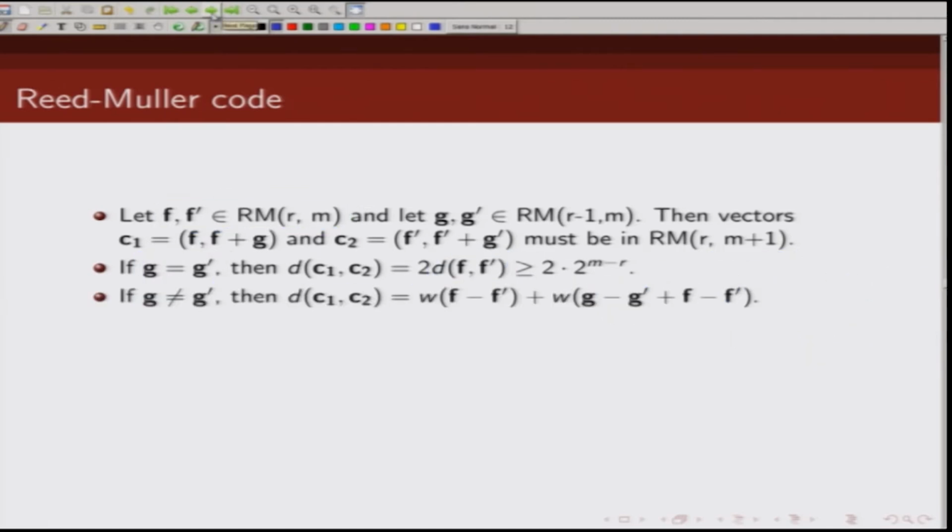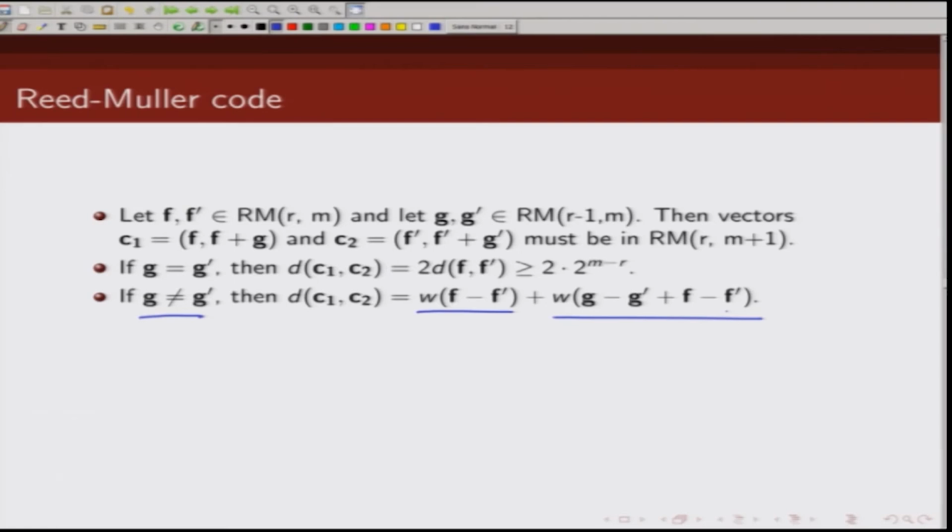So, next we consider the case when g is not the same as g'. Now, if g is not the same as g', then the minimum distance of the code is basically the number of positions where C1 and C2 differ. This can be written as weight of (f minus f') plus weight of (g minus g') plus weight of (f minus f'). If we are talking about binary codes, plus is also fine, because it is the same thing.